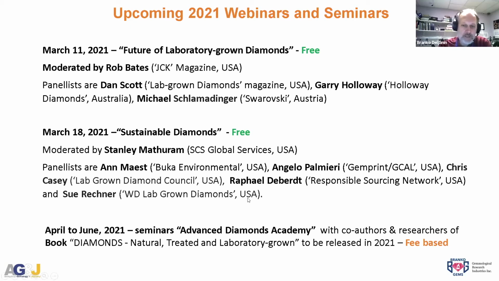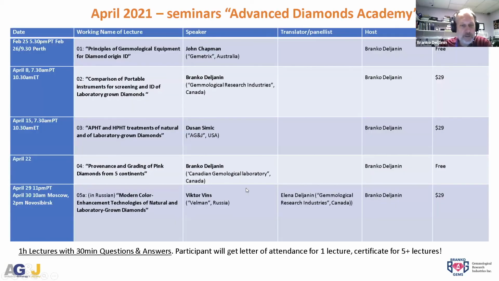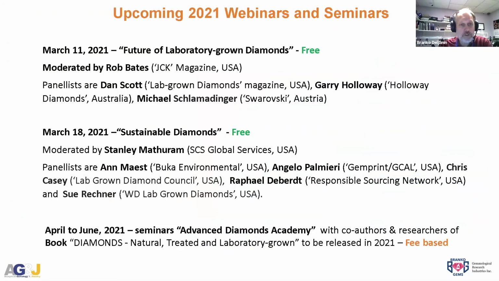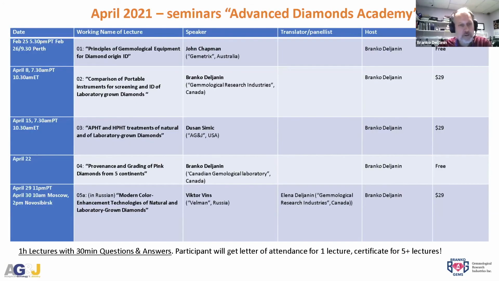And what is coming really for those of you who want to know more and expand on this introductory lecture by John Chapman are lectures by the co-authors of the book, like we have in April, May, and June. So first one, John finished.